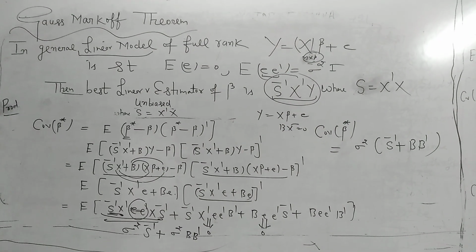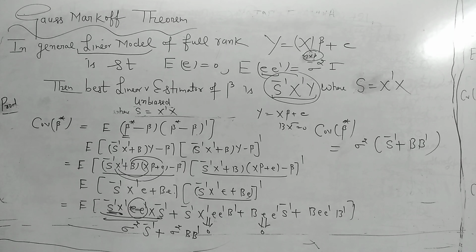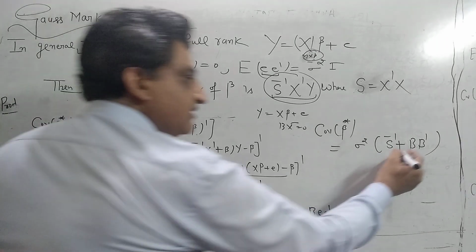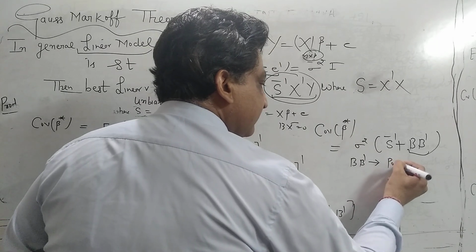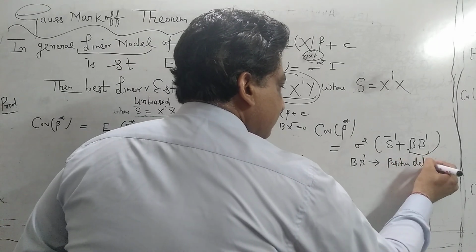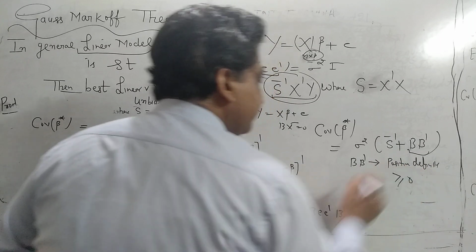The covariance has come out equal to this, and we have to minimize its diagonal elements. S is a constant, we cannot do anything about it, but we can do something about BB dash. BB dash is positive definite. Positive definite means it is always greater than 0.